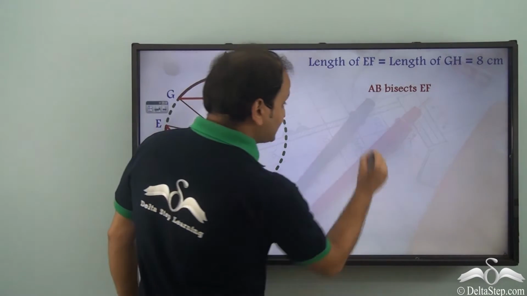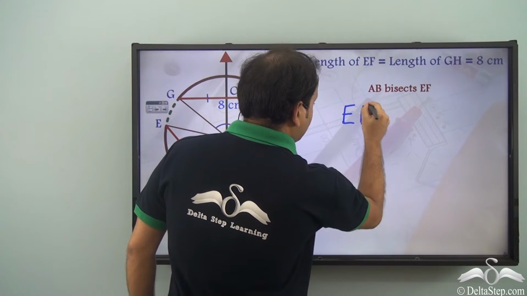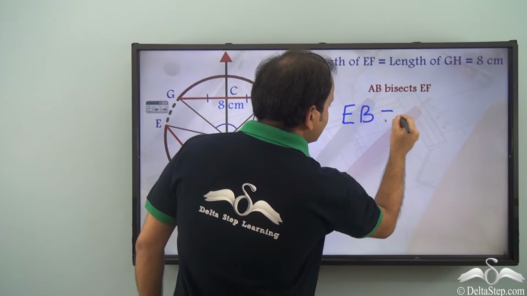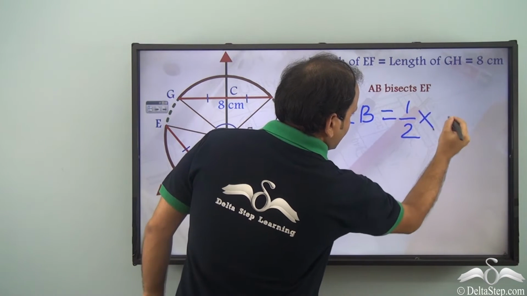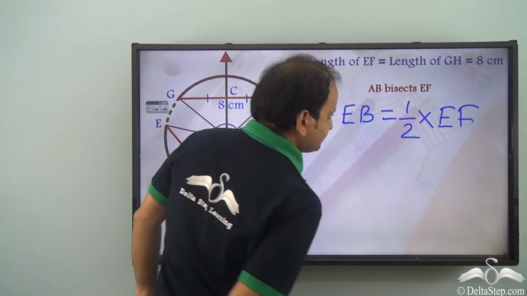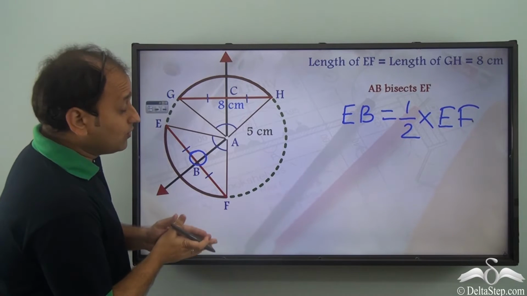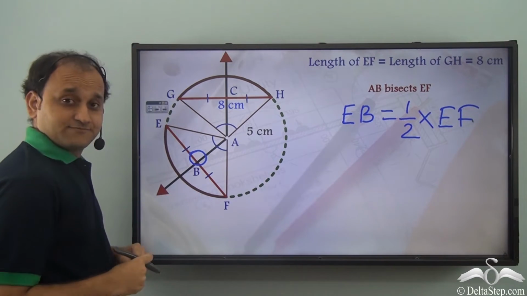So we can write EB is equal to half into EF, isn't it?